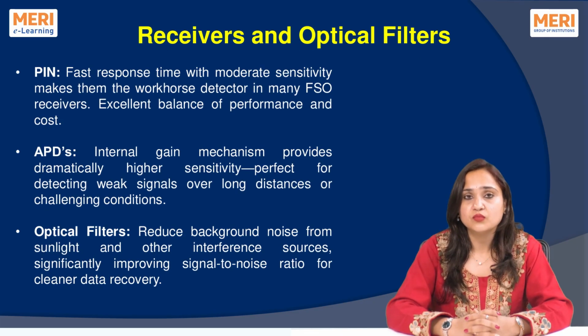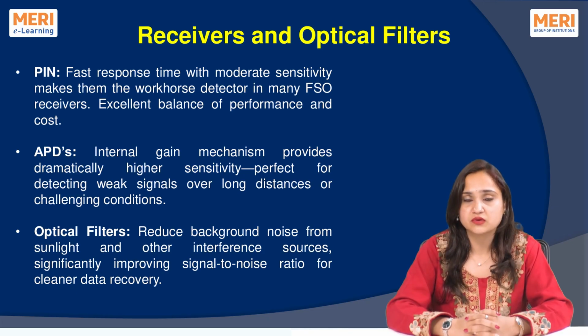The two most common photodetectors used in FSO systems are pin photodiodes and avalanche photodiodes (APDs). Pin photodiodes provide fast response time with moderate sensitivity and are widely used due to their excellent balance between performance and cost.